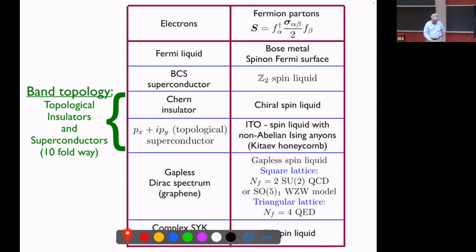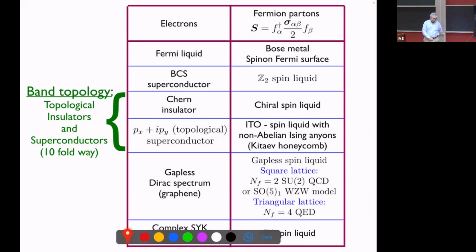And again, this Kane-Mele insulator with a Z2 topological invariant has really nothing to do with the Z2 spin liquid that we talked about earlier. Yeah, so there is a very confusing terminology, which I'm trying to at least explain as clearly as I can.